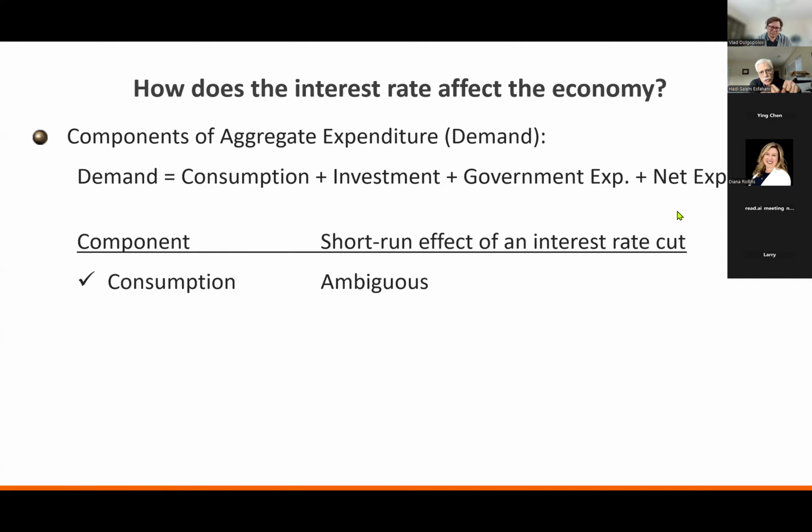When interest rates go down, when the Fed or the central bank of an economy cuts the interest rate, it has some effect on consumption.